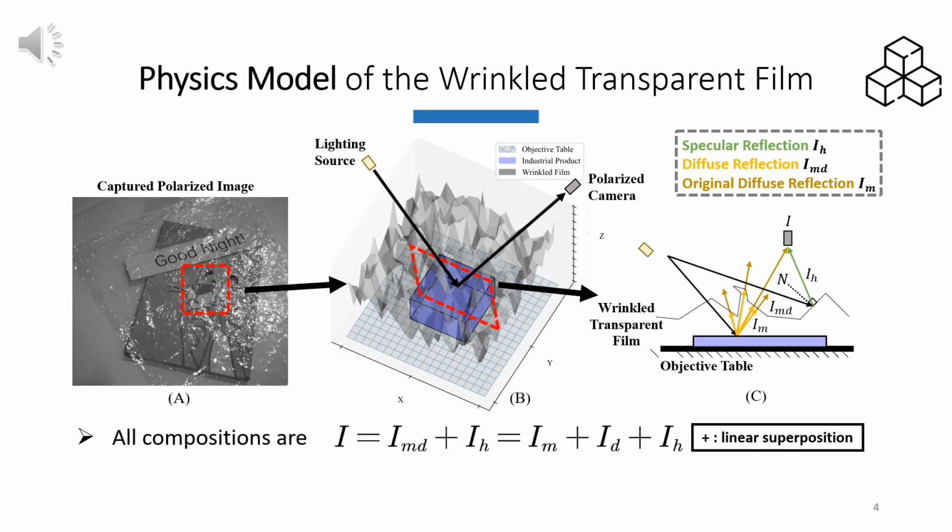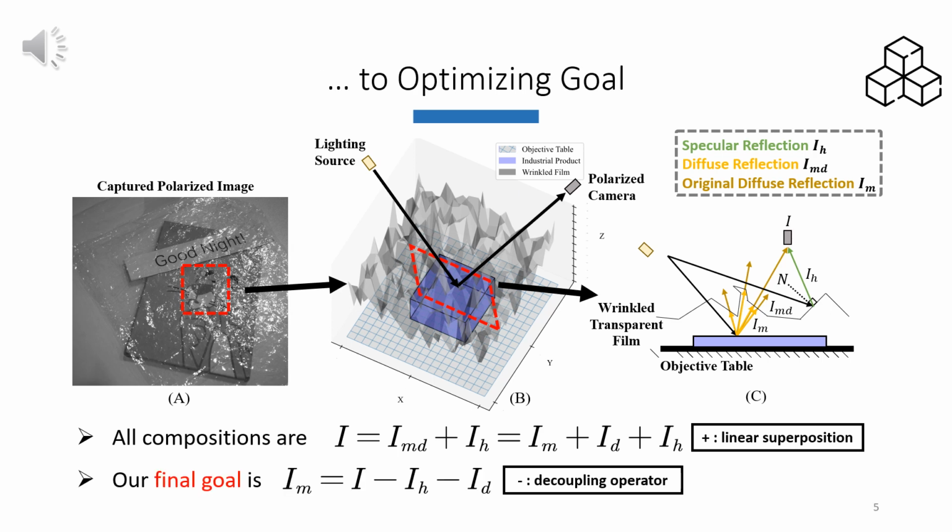To enhance the robustness of our approach, we further dissect the diffuse reflection into two parts: the original component IM, which is the true appearance of the underlying material, and the various degradations IMD-IM introduced by the film's properties. Our primary goal is to decouple these two components, the specular highlights and the film-induced degradations, to reconstruct the original, unobstructed view of the underlying materials.